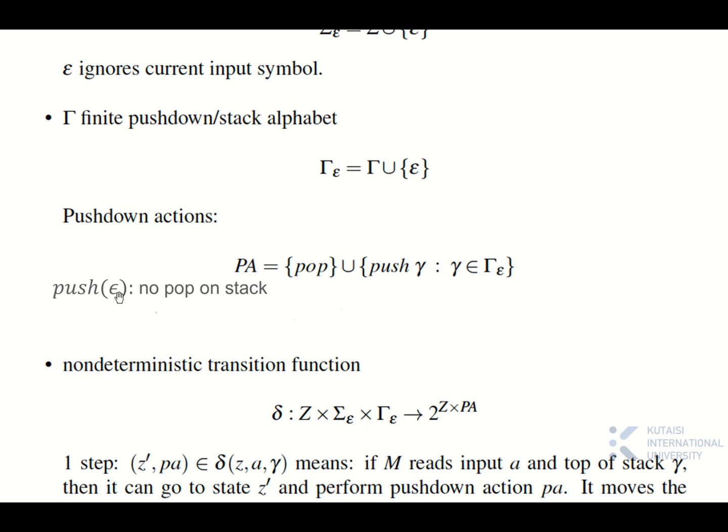So what I can do is in state Z, I can read the letter and push epsilon. That basically means I did not change my stack. I can also do this. So if my gamma contains 5 things I can write, then PA will contain 5 plus 1 plus 1, 7 things I can do: I can remove, I can push 5 things, and I can also push epsilon.